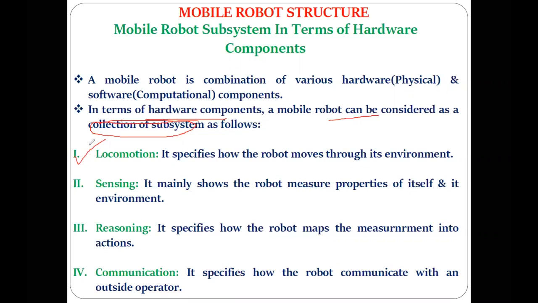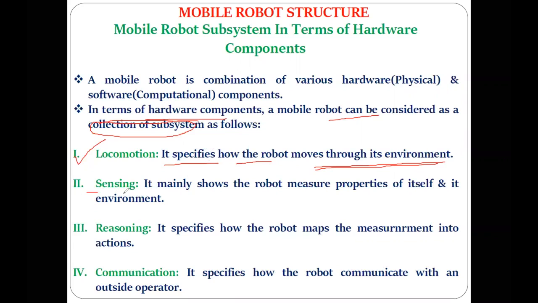Locomotion means movement. Here I have mentioned the locomotion subsystem specifies how the robot moves through its environment. For the purpose of locomotion, we have seen a number of components like motors, wheels, etc. These things come under the locomotion subsystem.